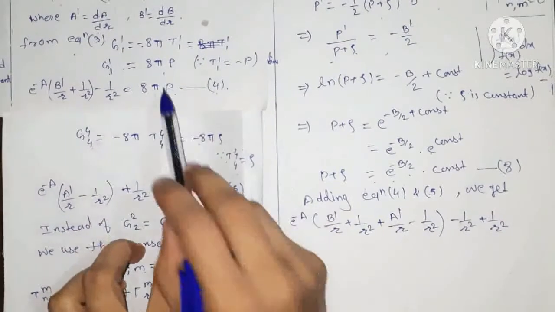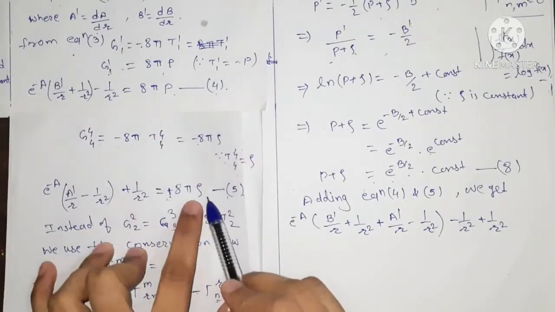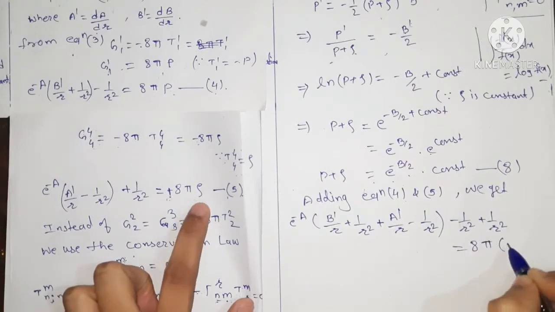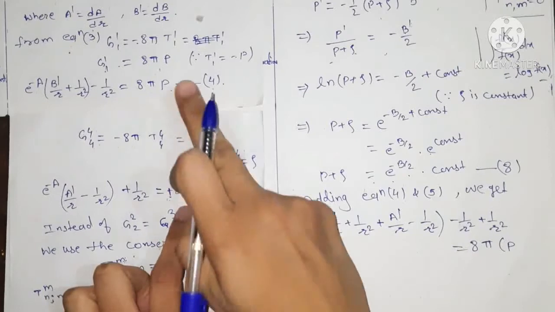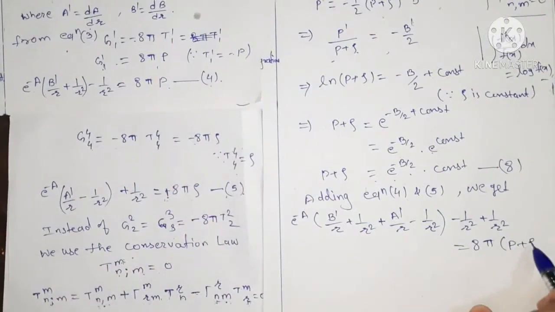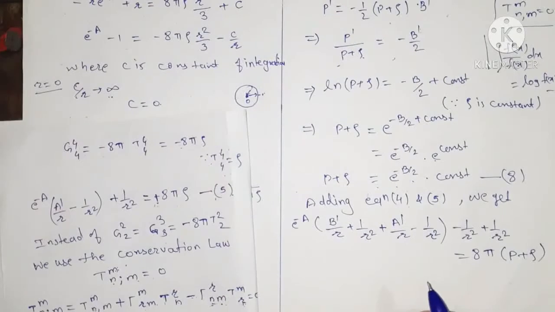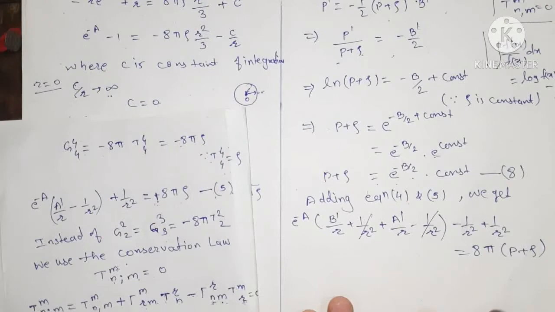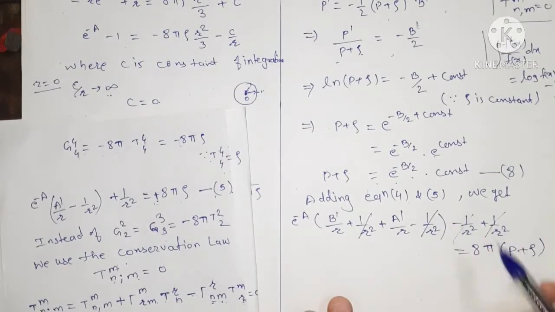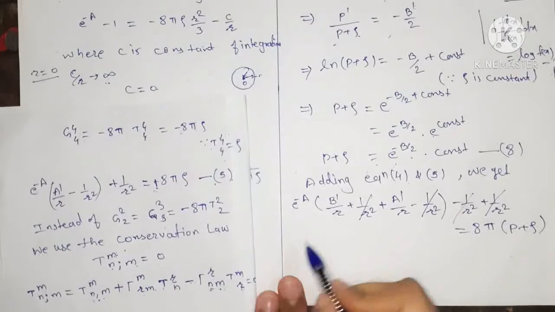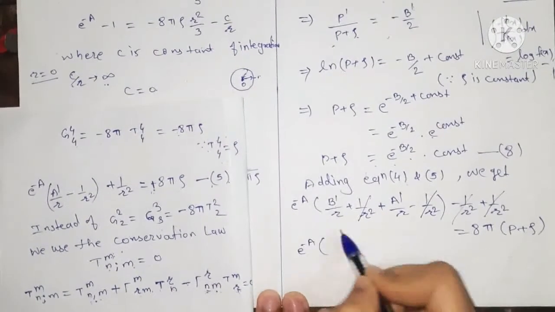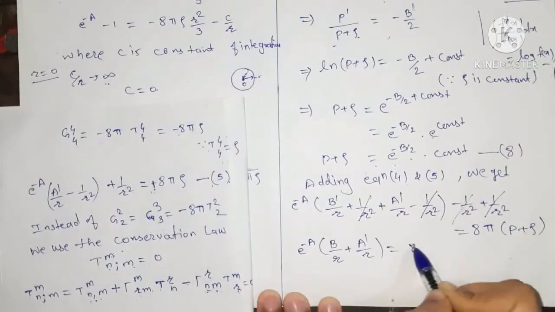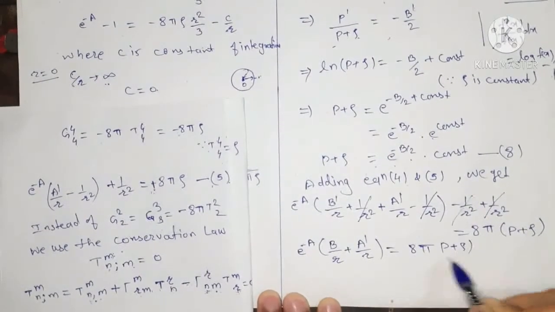On the right hand side we have 8 pi p and plus 8 pi rho, so 8 pi can be taken common, and in bracket we write p plus rho. Now 1 upon r square minus 1 upon r square get cancelled, minus 1 upon r square plus 1 upon r square get cancelled, so we have in bracket b dash upon r plus a dash upon r equals to 8 pi p plus rho.